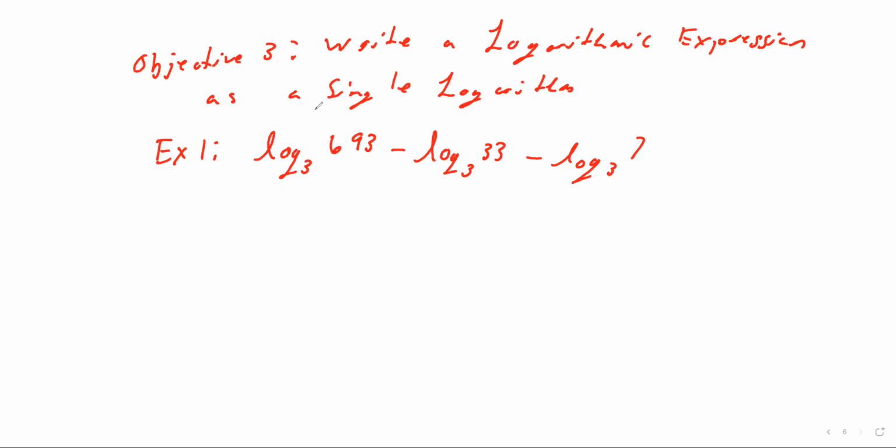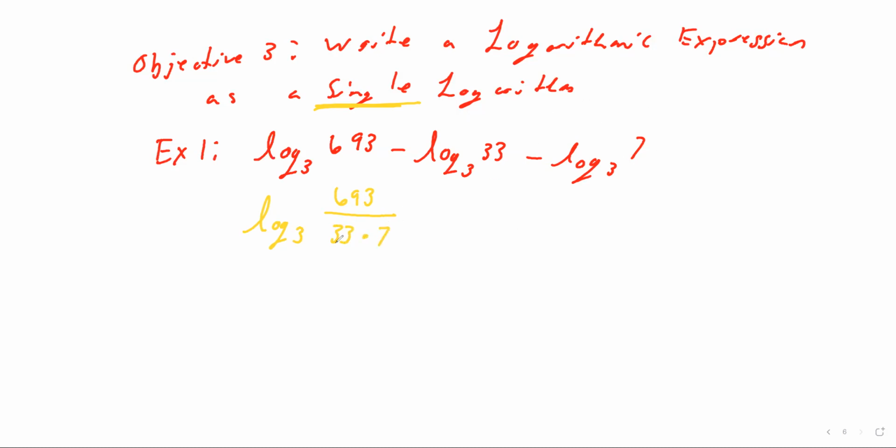So anytime you write it as a single logarithm, you're just going to write log one time. The first term will always go on top. And the moment you see a subtraction bar, anything that has a subtraction will go on the bottom. If it does ever turn into a plus sign, then that term will go on top as well. So we have 693, and then we have 33 on the bottom times the 7 on the bottom.